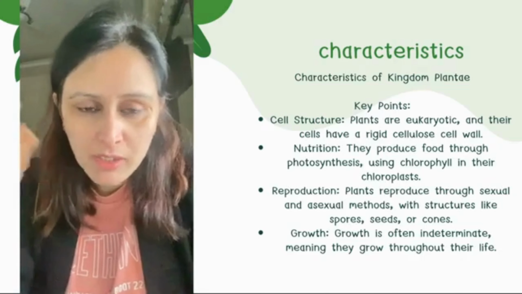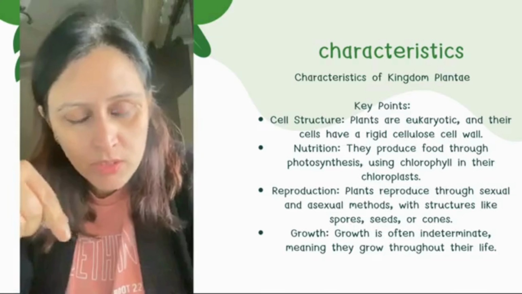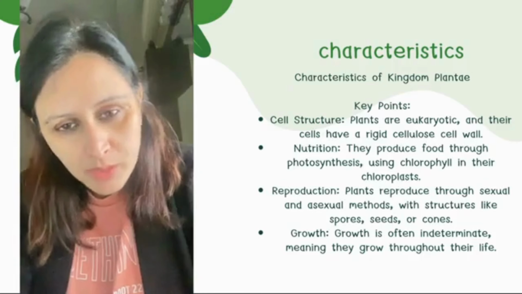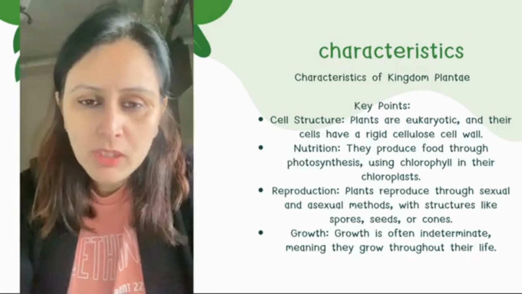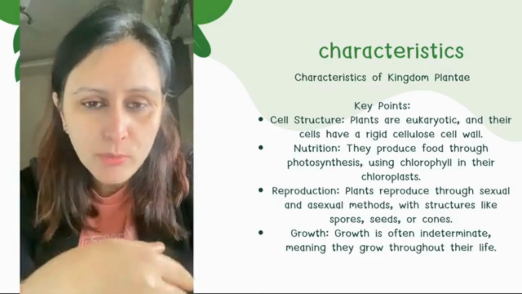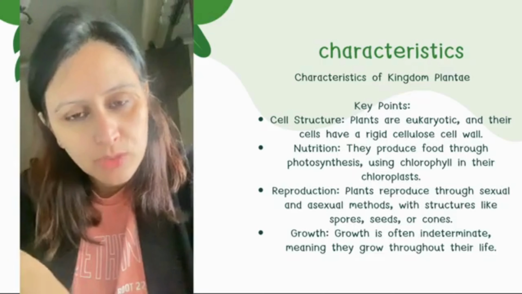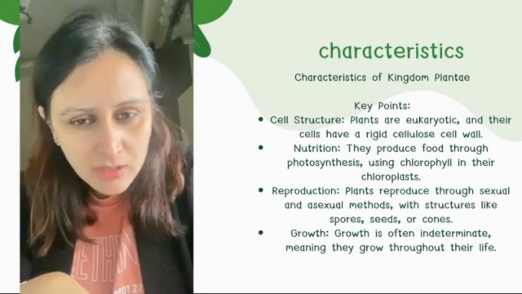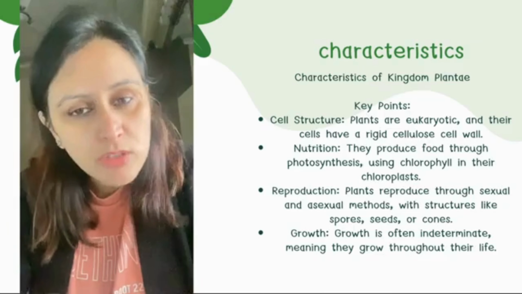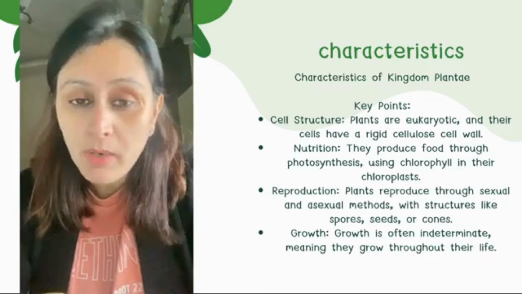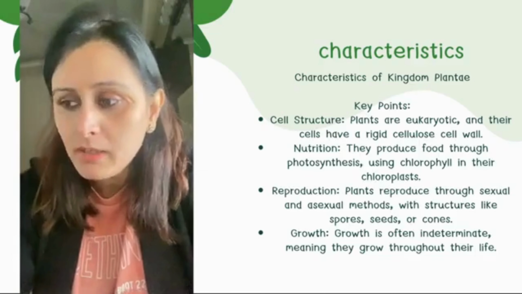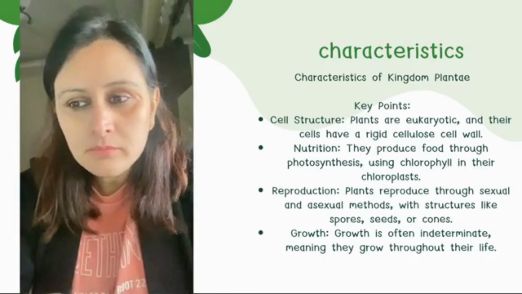You take a stem cutting and sow it in a pot, right? And then it eventually grows up into a new plant. With roots also we have seen many times, you uproot a portion of a plant and then sow it in a separate pot and then it starts growing into a new plant. So these are the vegetative modes of reproduction. The other modes of reproduction are those in which plants multiply by spores, seeds, and cones also, right?